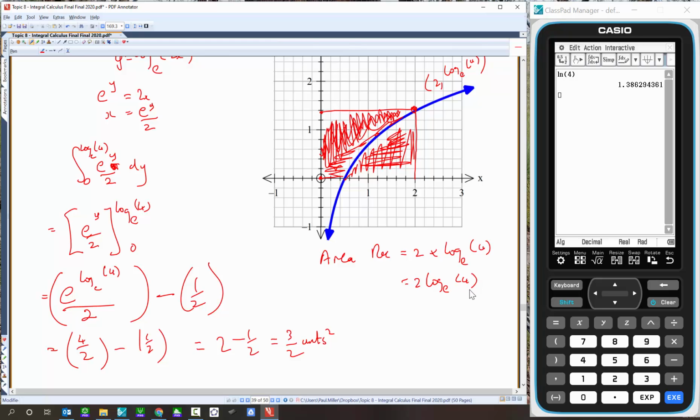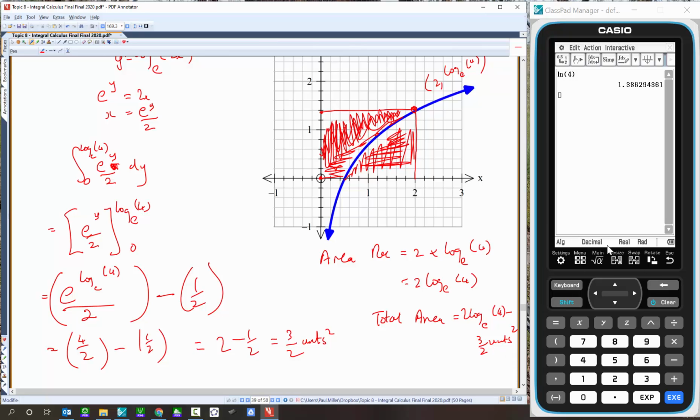Okay, so what we're going to do now is we know that the full rectangle is that. We know that this part here represents this, so we're going to say area of rectangle take away area of this. So total area equals all of it, which is 2 log e 4 take away 3 on 2 units squared.